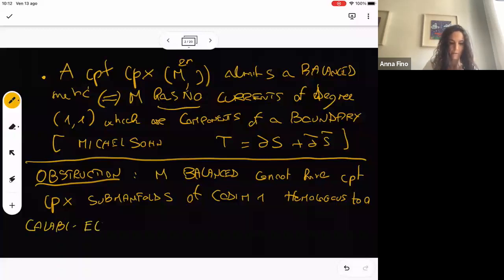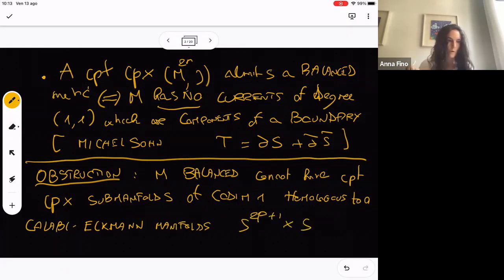The Calabi-Eckmann manifolds were already considered in the talk by Michael, and are essentially diffeomorphic to the product of two odd-dimensional spheres, S^(2p+1) times S^(2q+1). The Calabi-Eckmann complex structure is constructed in such a way that the projection from this product to the product of complex projective spaces, CP^p times CP^q, is holomorphic.